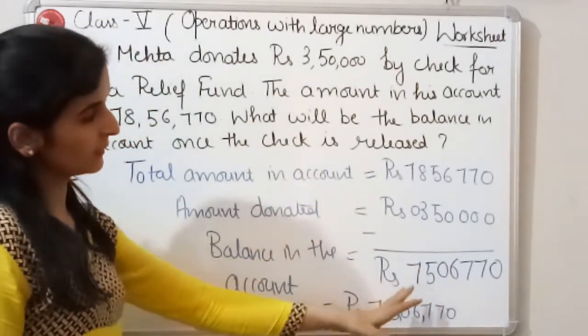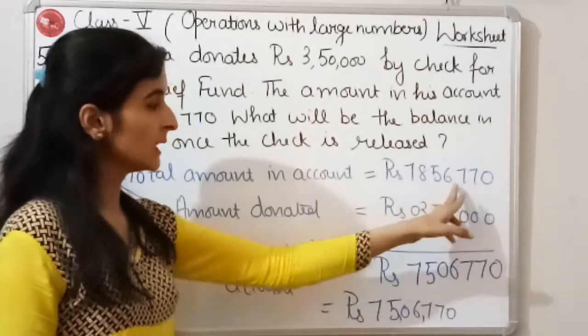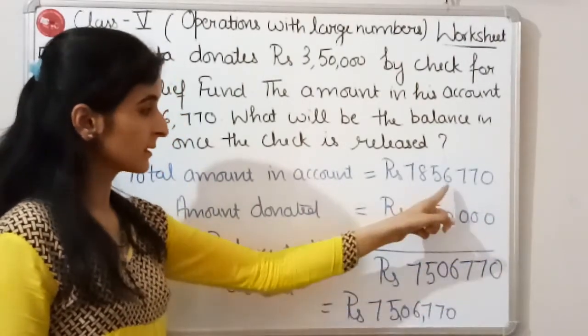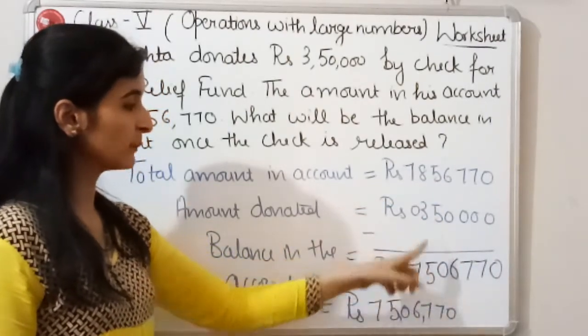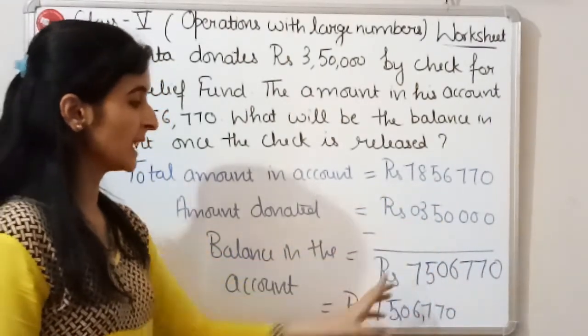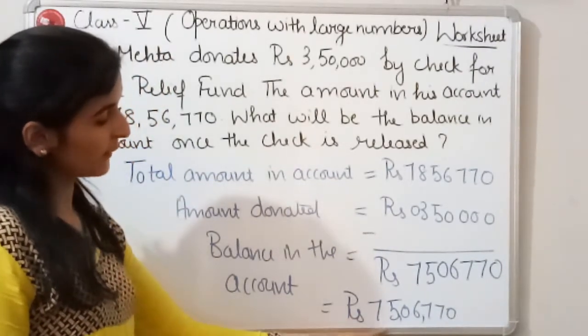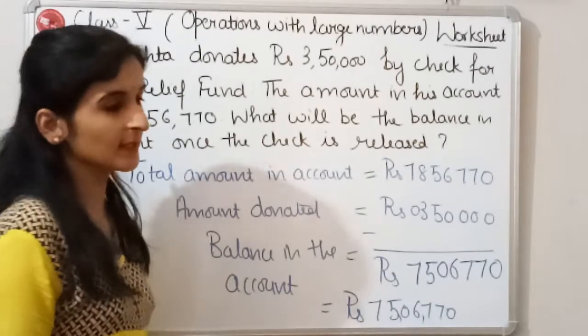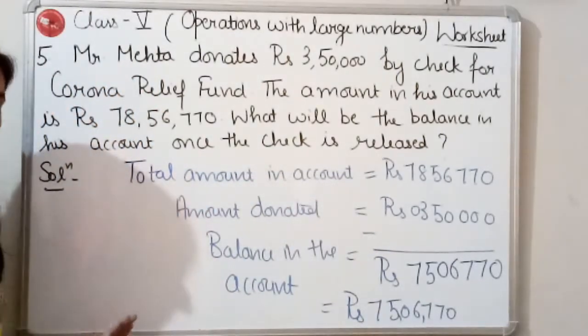So then we will subtract 0 minus 0 is 0, 7 minus 0 7, 7 minus 0 7, 6 minus 0 6, 5 minus 5 0, 8 minus 3 5, 7 minus 0 7. So balance left will be 75,06,770. So that is how we have to solve this question.